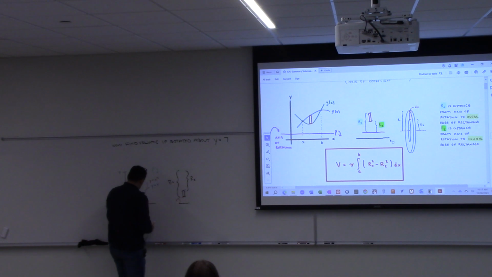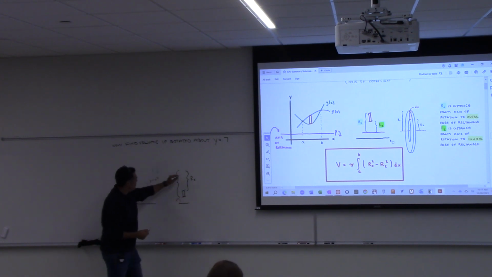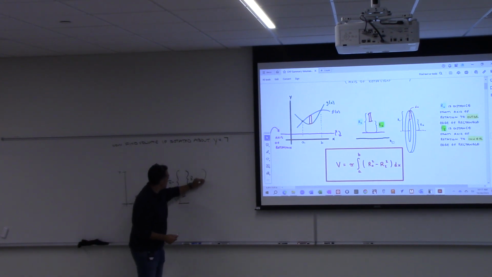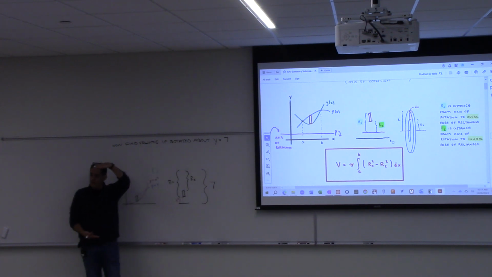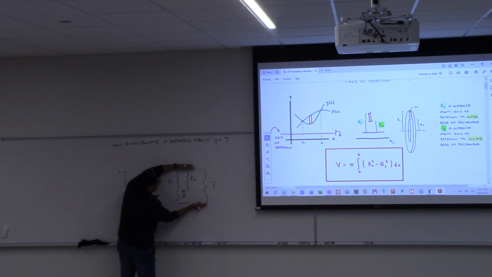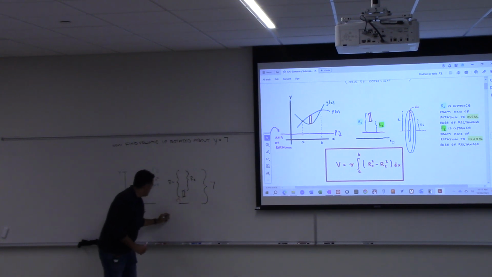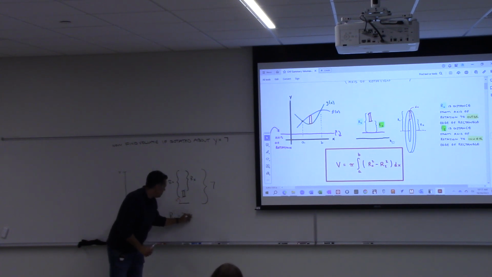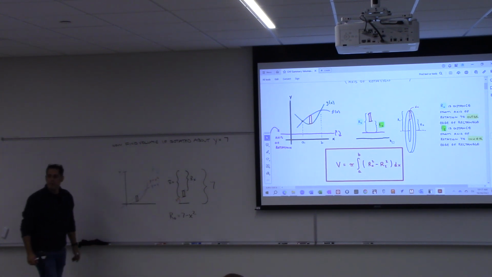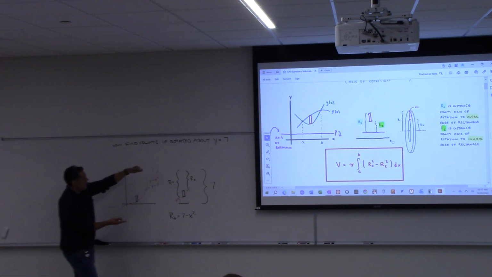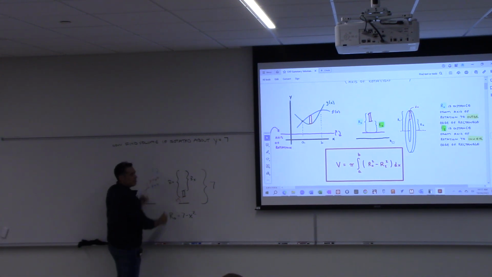So you have to realize here that from here to here is always fixed at 7, because my axis of rotation line is way up there, fixed. So if this whole distance is 7, and I take away the x squared, that will leave me with r naught. So what is r naught? 7 minus x squared. It's that total distance from here to here, 7, take away the x squared.